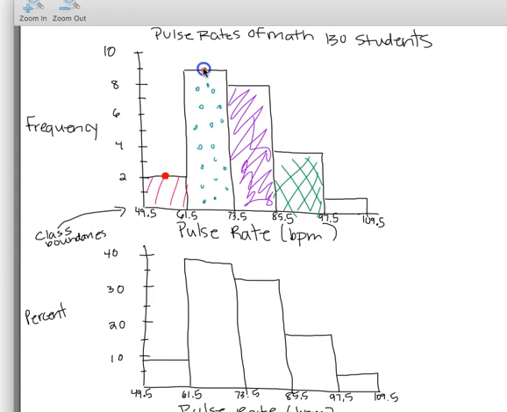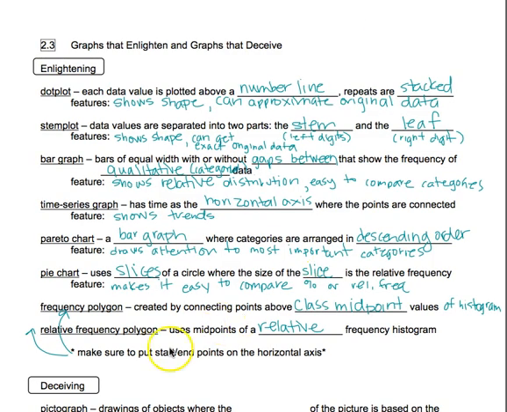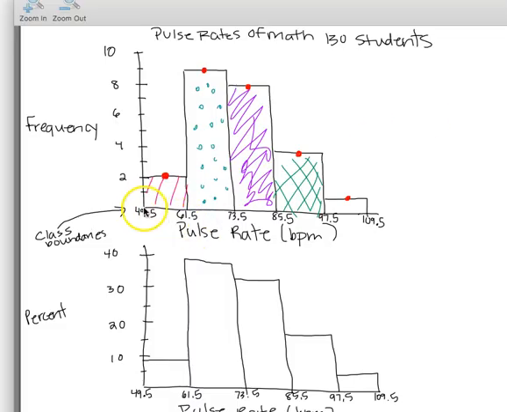So you make a dot for each class midpoint, and then, like I put with the asterisk here, we have to make sure to put start and end points on there as well. So here is the start, here is the end.